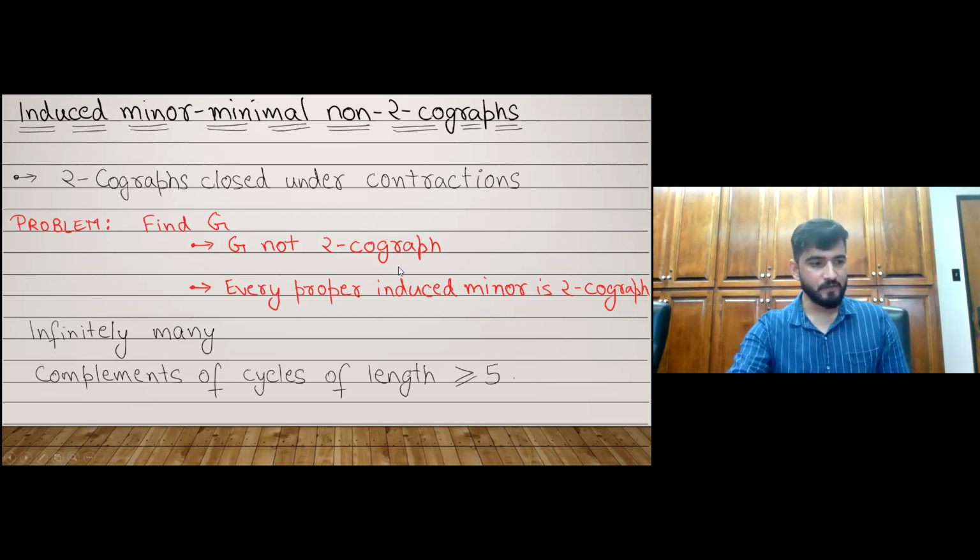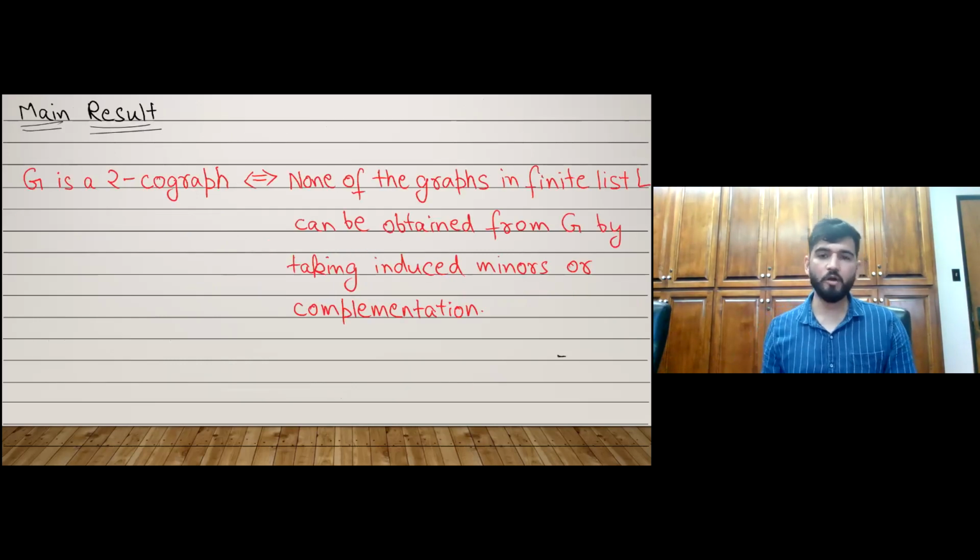So now the question is, how do we find a nice result? And remember, this class of two-cographs is closed under complementation. So we brought complementation into the picture and got this result.